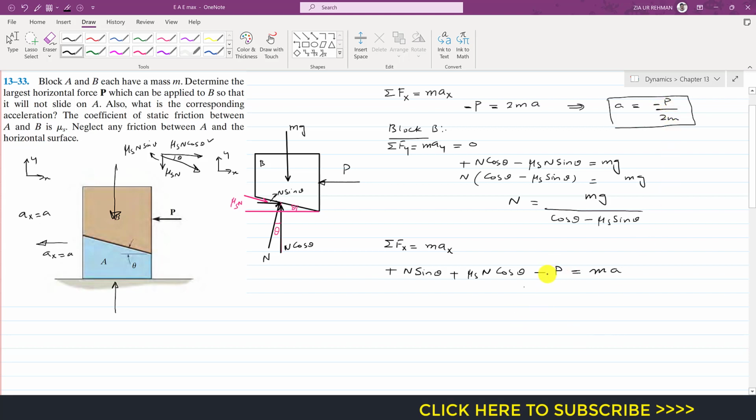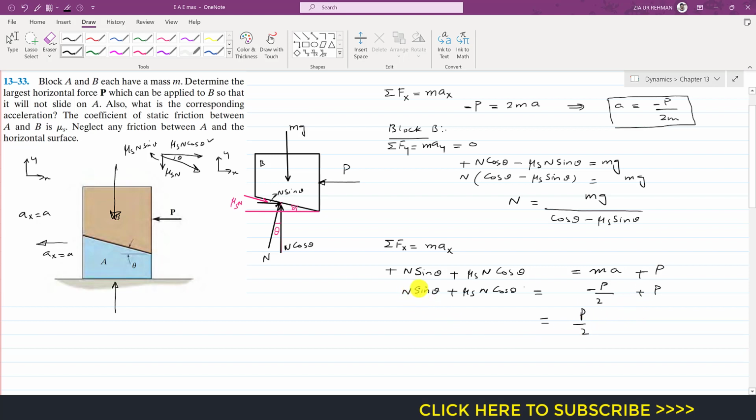So I can bring this P to the other side of the equation, and this will become plus P. And this will be N sine of theta plus mu s N cos of theta, and this is m, and in place of a we can write minus P divided by 2m plus P. So m will cancel out and we will be left with minus P divided by 2, so this will become P divided by 2.